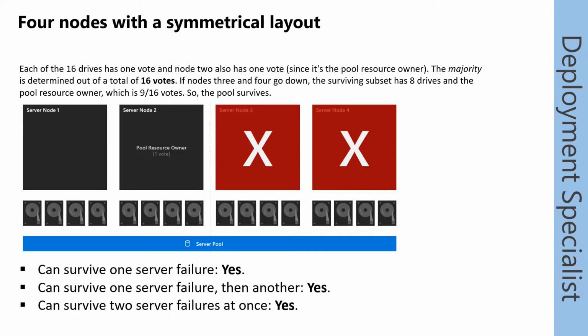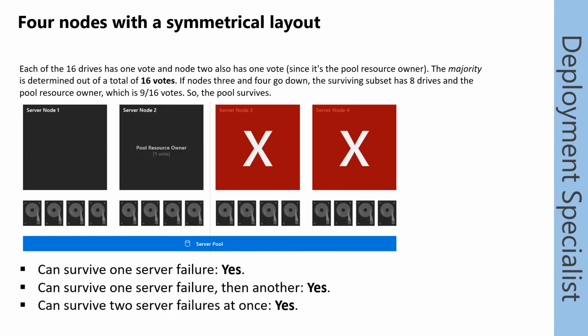If the pool resource owner fails, the cluster checks if there's a server available that can become pool resource owner. And usually this is possible. If we have 2 nodes in a 4-node cluster that fail, the second 2 nodes already keep the pool resource owner, or one of the 2 nodes can become the pool resource owner, and then this can check if they can build the quorum in the pool.